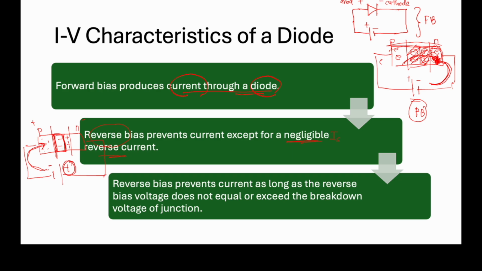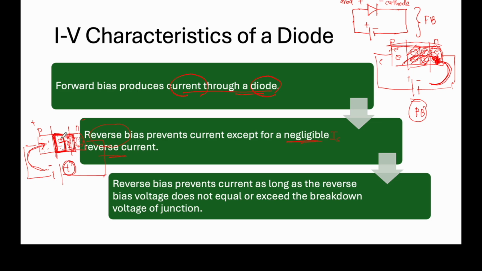Due to this, all the positive charges inside the N region will become assembled in order to attract the negative charge here. So it makes the depletion region at some point reach its maximum thickness.